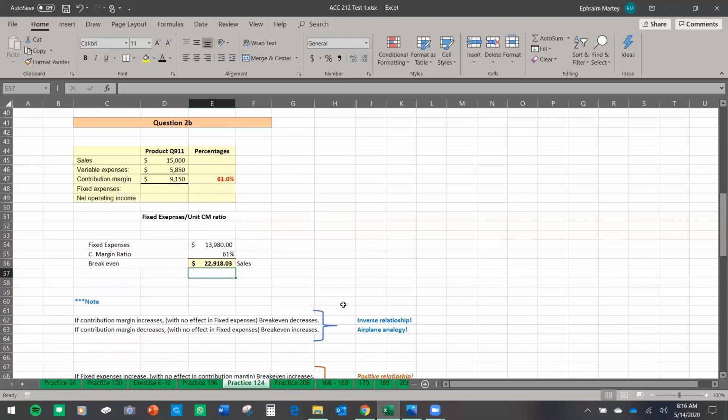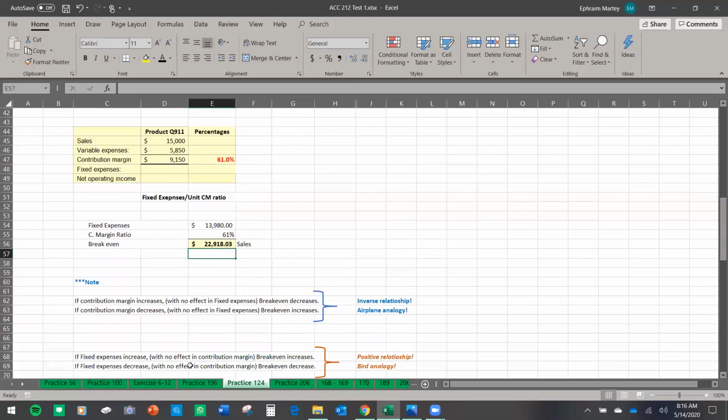But here, if fixed expenses increase with no effect on contribution margin, break-even increases. If fixed expense decreases with no effect on contribution margin, break-even decreases. So you need to pay attention to this. This has a positive relationship.